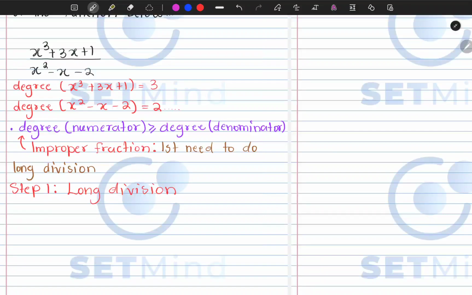So let's quickly do our long division. What we have is x squared minus x minus 2, and this will be dividing x cubed plus 3x plus 1.